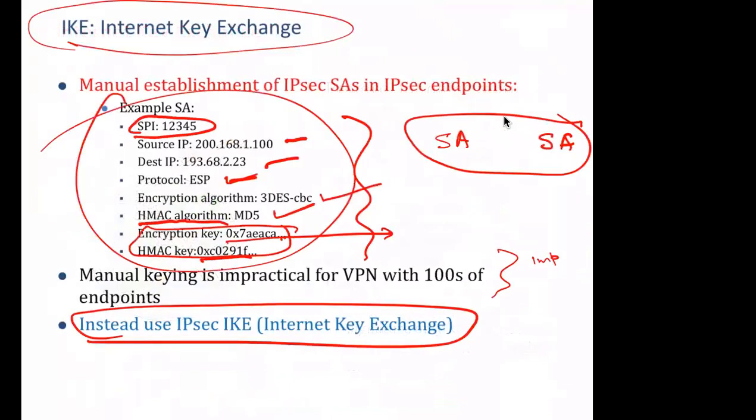Now this security association between Alice and Bob is just temporary. After some time the session is over, then a new security association can be formed, and so on. Any question? I'm not sure you are able to understand it fully, but you just need to understand the basic thing.